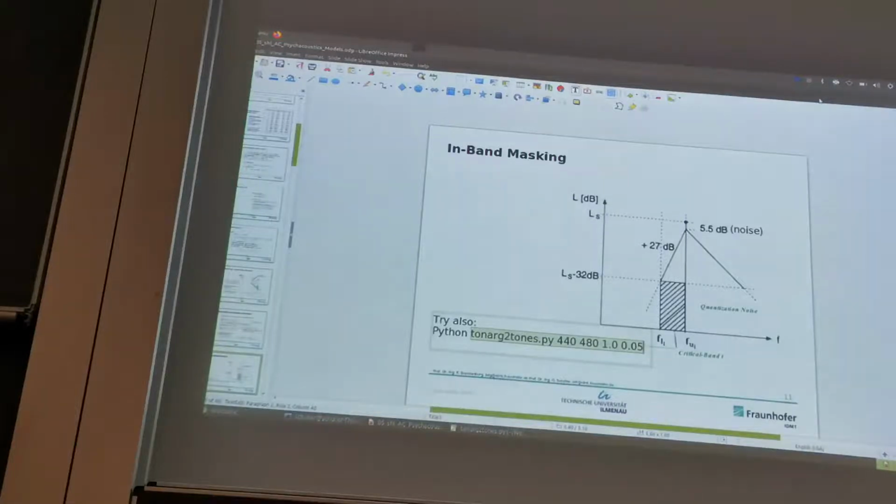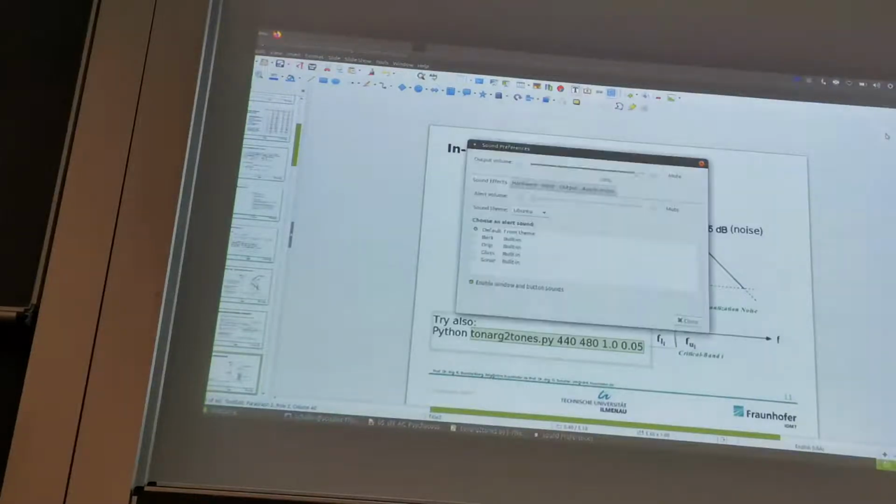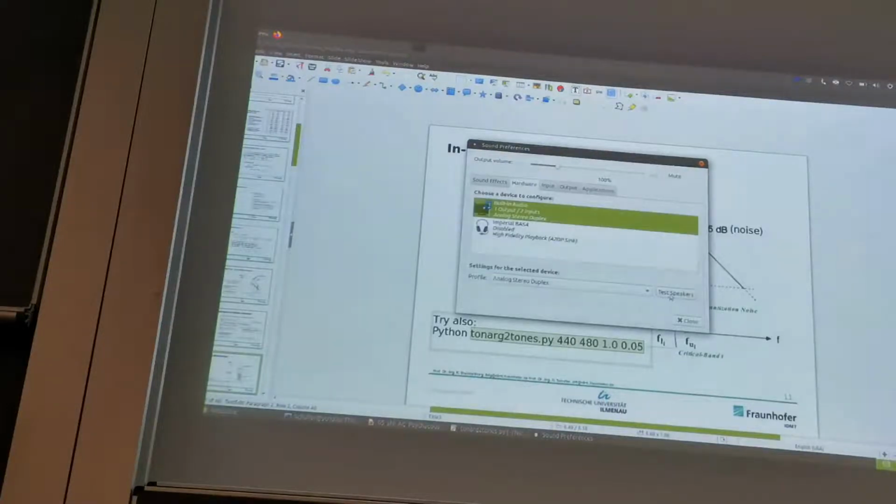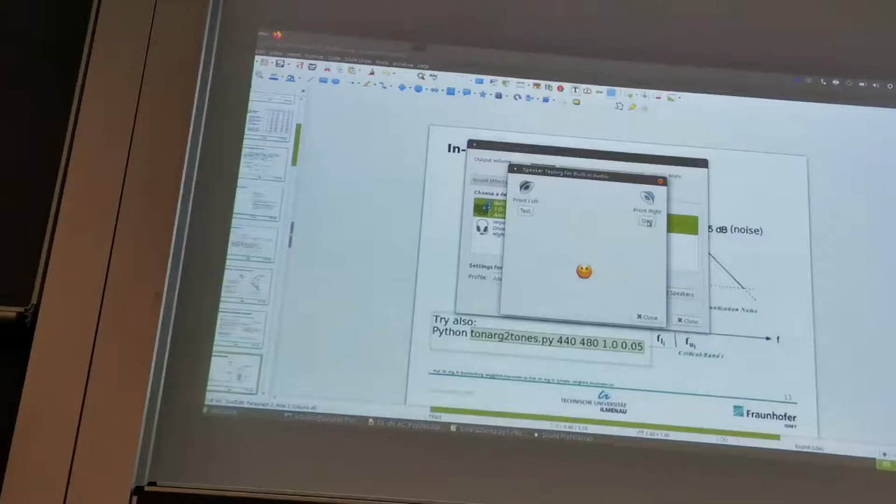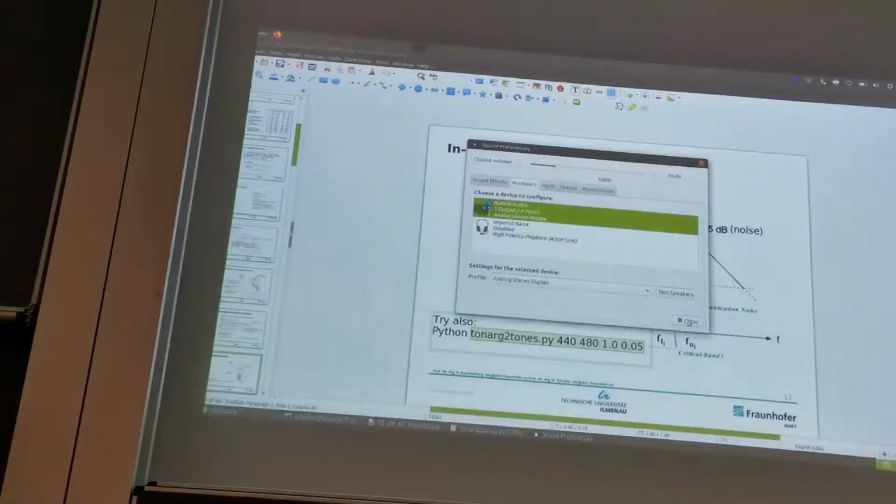Bluetooth mode. It's not really working.